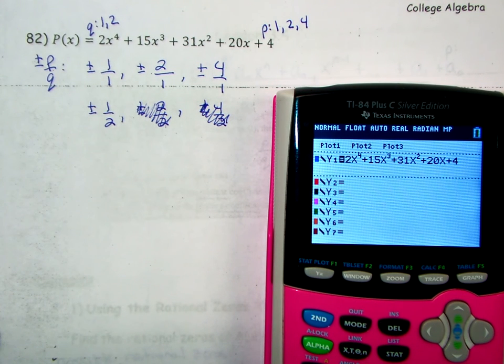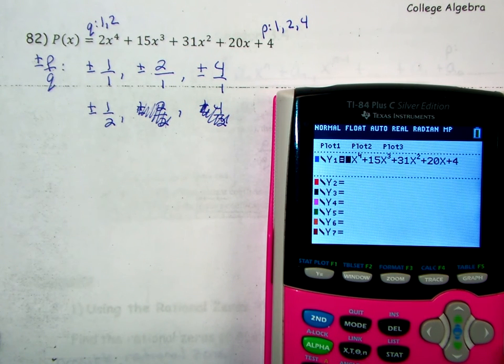We should not be having a 0 at negative 4 point something.